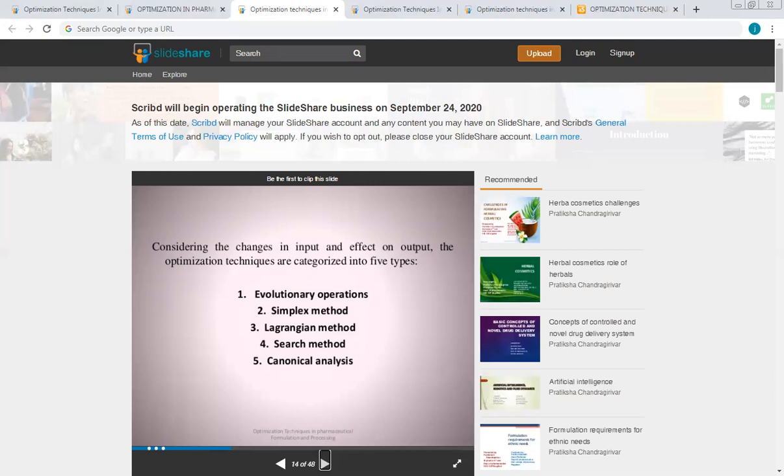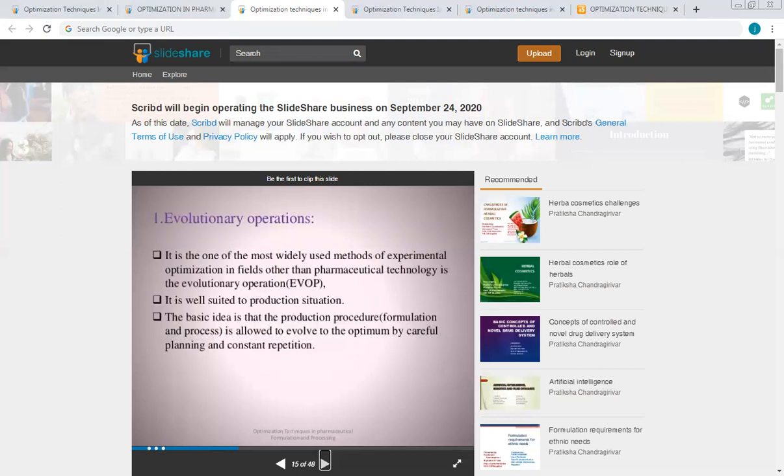The evolutionary operation is one of the most widely used methods of experimental optimization in fields other than pharmaceutical technology. It is well suited to production situations.